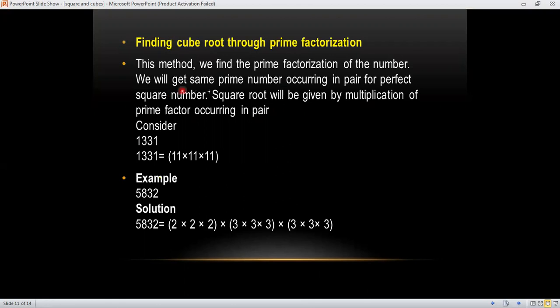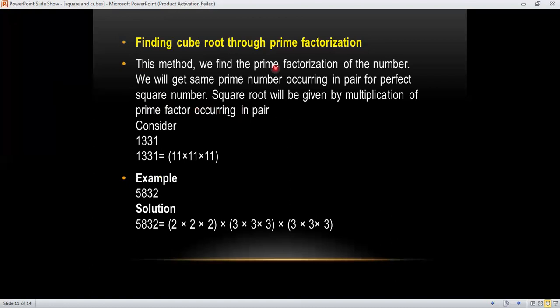We will get the same prime number occurring in pairs for a perfect square, or in triplets for a perfect cube. When finding square root by prime factors, we try to find pairs.